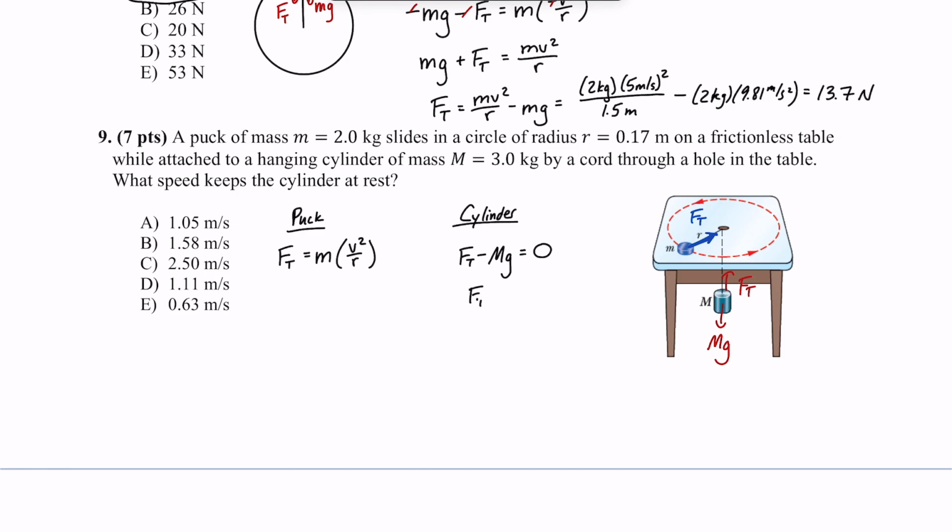Solving for the tension force in my cylinder equation, I can then use that to plug in for the tension force in my puck equation. Solve for the velocity.